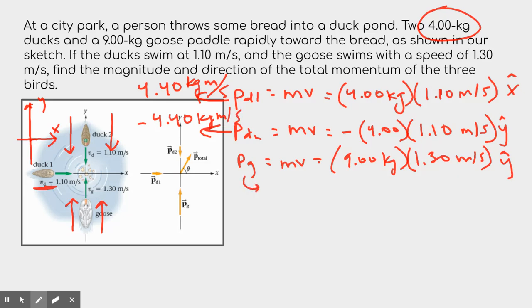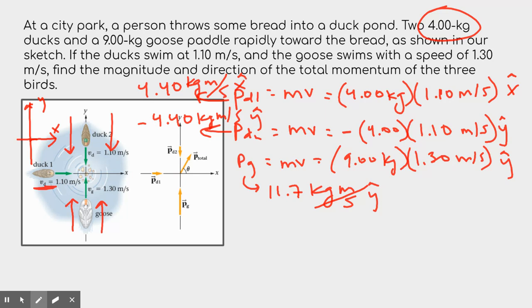And finally, the momentum of the goose is 11.7 kilogram meters per second. And sorry, this is in the y direction, this is in the y direction, and this is only in the x direction. I'm going to leave those so I can make sure we don't make a mistake later. So I have found the momentum of each individual duck, and I've indicated the direction.